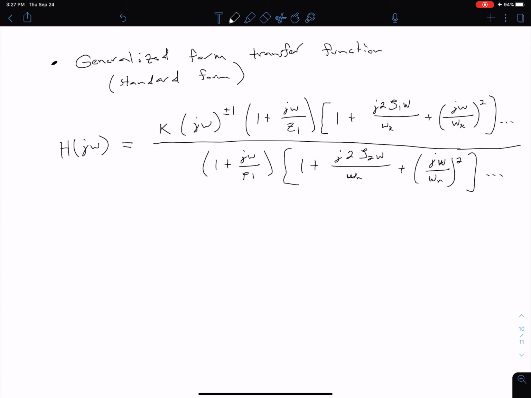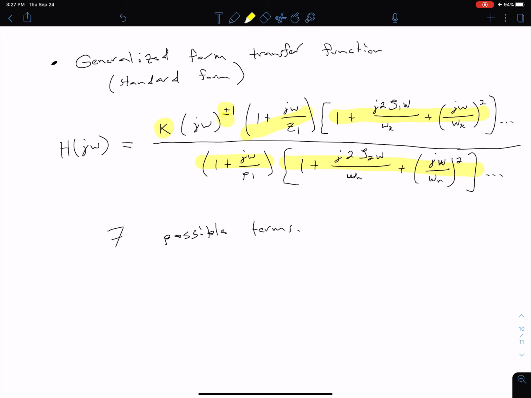If we factored things out, we could see we have ultimately 7 possible terms. Of course we have our constant here. We have our j omega, which could be plus or minus 1, so we get 2 from that, so that's 3, 4, 5, 6, and 7.